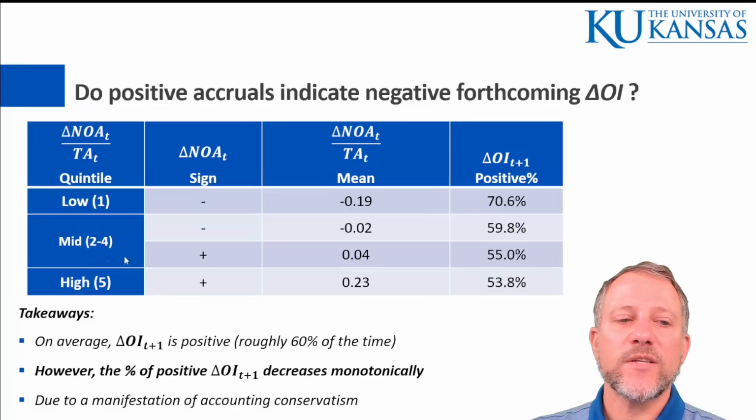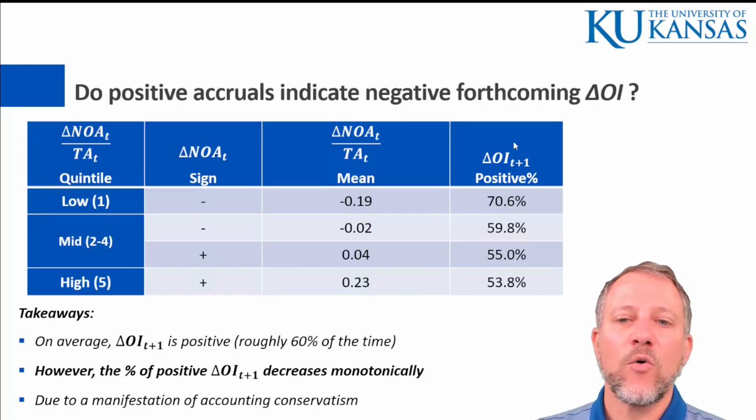The companies in the middle sometimes have increases in NOA and sometimes decreases. So we said, okay, let's take everybody in the middle and just split on whether they're increasing or decreasing. These have much smaller increases and decreases, right? For companies in the middle buckets that are decreasing, their average decrease is 2% of total assets, versus a 4% increase for the middle increasing group. Okay, so these are our four groups that we're going to look at.